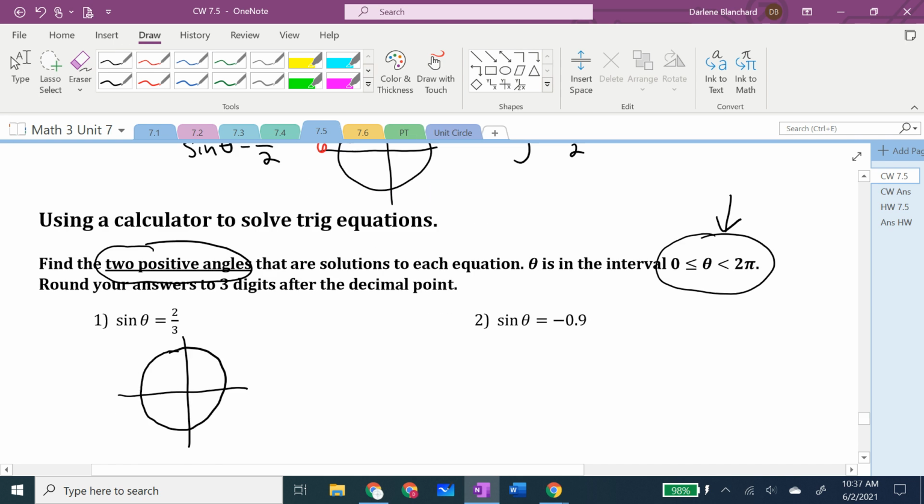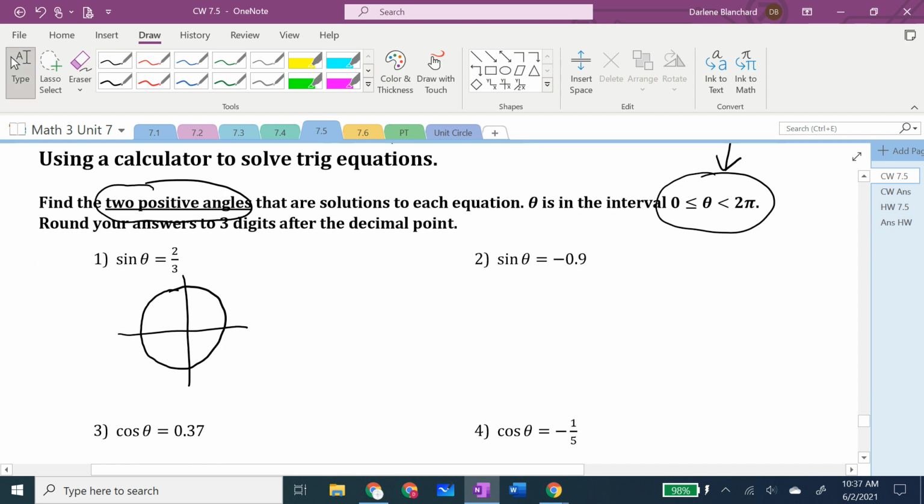If I draw a horizontal line at 2/3, it's not one of our special numbers. 2/3 is about maybe there-ish.